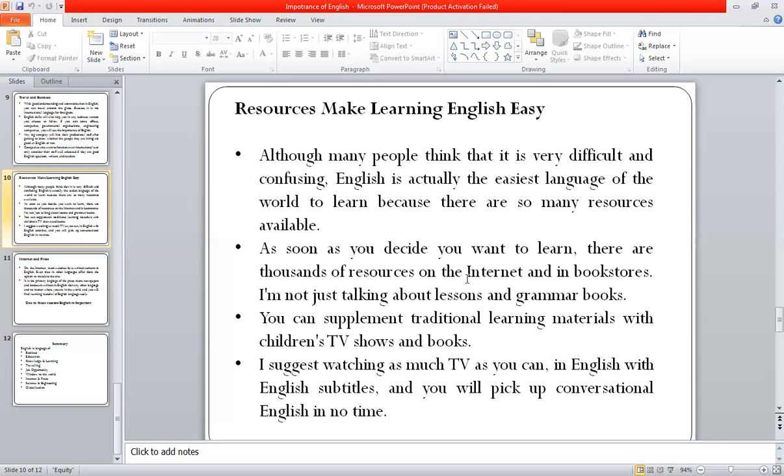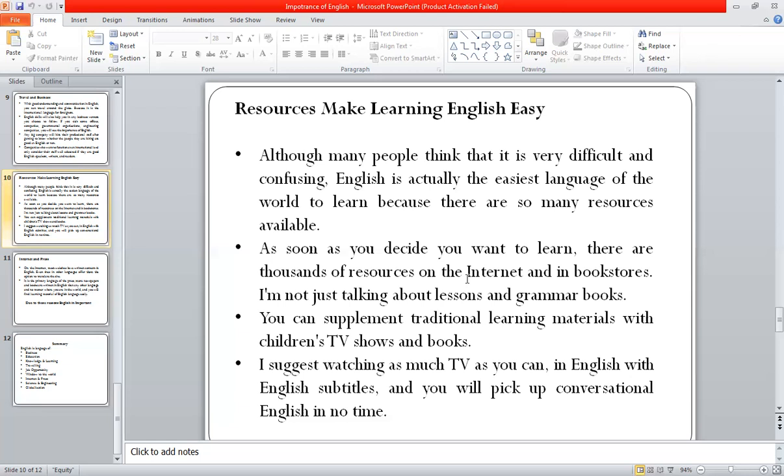You will find many books related to English grammar and communication skills at each and every bookstore. This fact is not applicable even to our own languages.